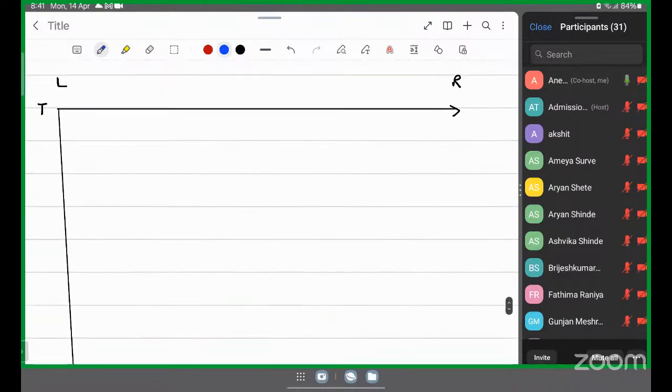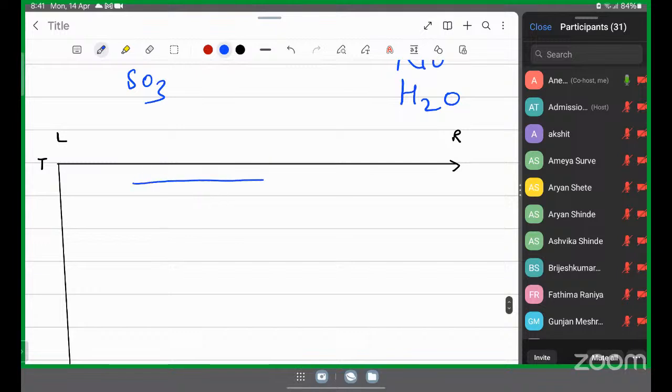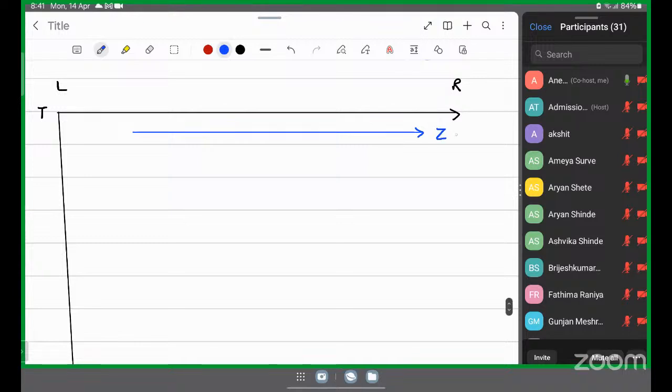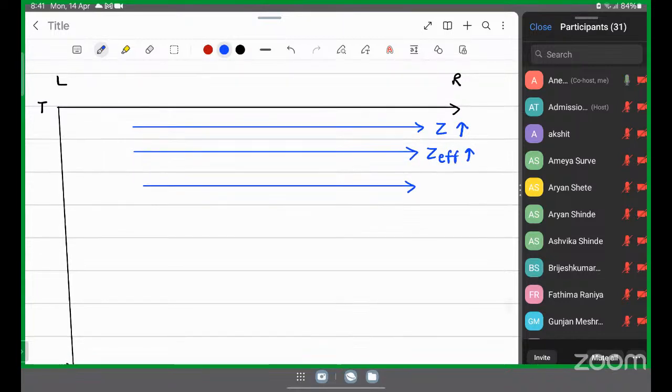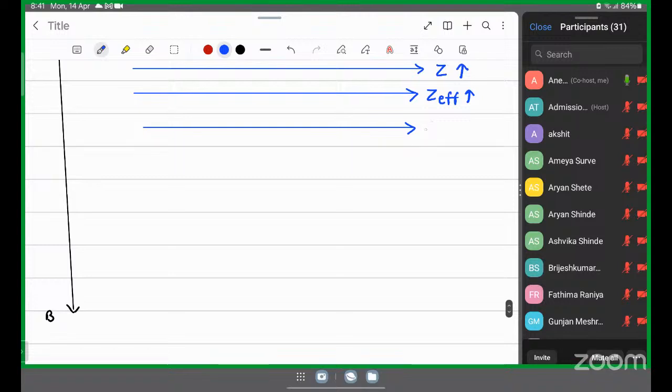First point, if you go left to right in a periodic table, atomic number Z will increase. As a consequence, Z effective will increase. And if Z effective increases, nuclear attraction at the outermost shell will be greater and atomic size will decrease.